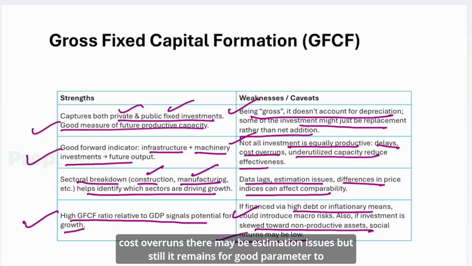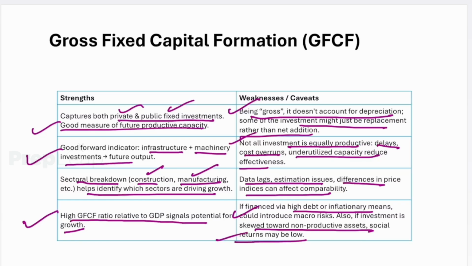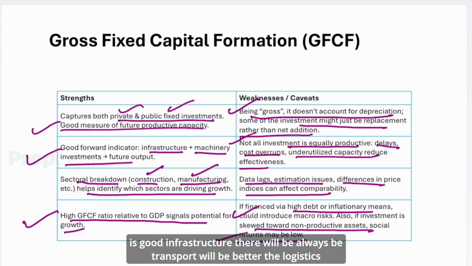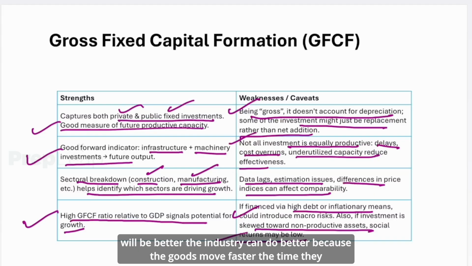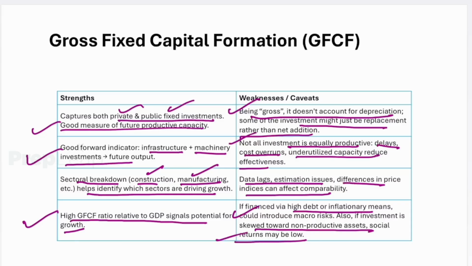But still it remains a good parameter to know how a country is expected to do in future, because it is trying to produce goods which will give a multiplier effect. The economy will grow faster. If there is good infrastructure, transport will be better, the logistics will be better, and industry can do better because goods move faster, the time they take is lesser, and things work better.